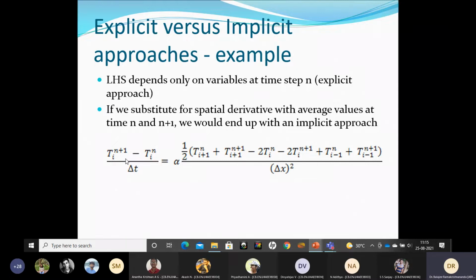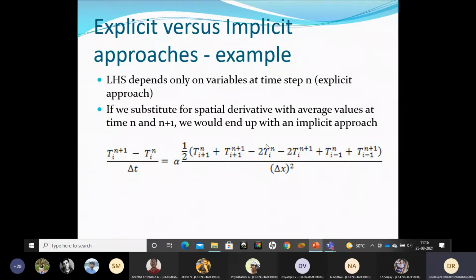Even if you take this to the left hand side, the right hand side will still contain terms in the n plus 1 time step. So without knowing them, you cannot substitute on the right hand side. So what should you do? You have to go to the next i, say i plus 1, and write the same equation. i plus 2, write the same equation. i plus 3, write it, and so on until the boundary.